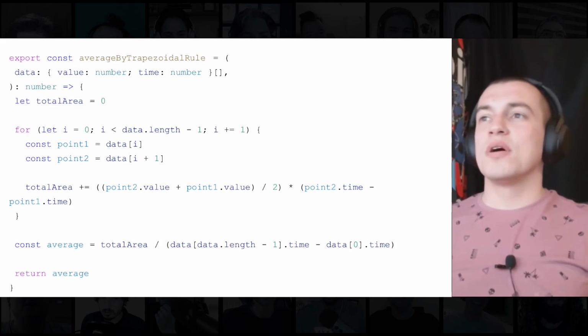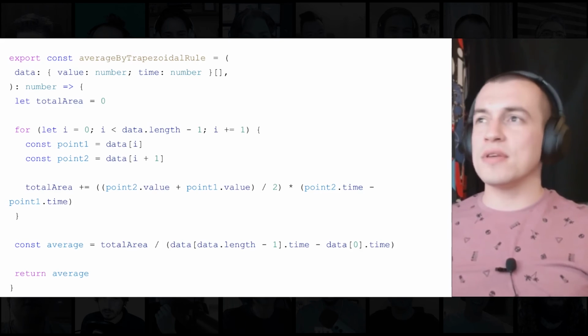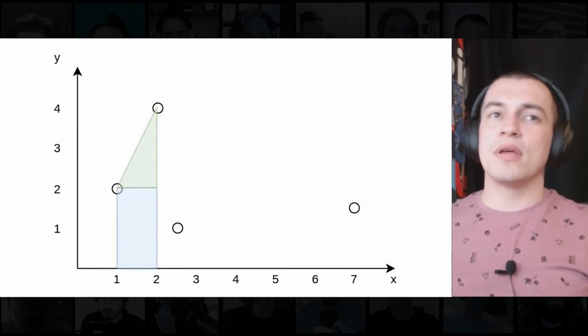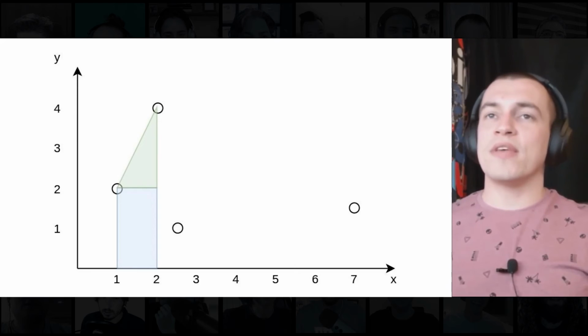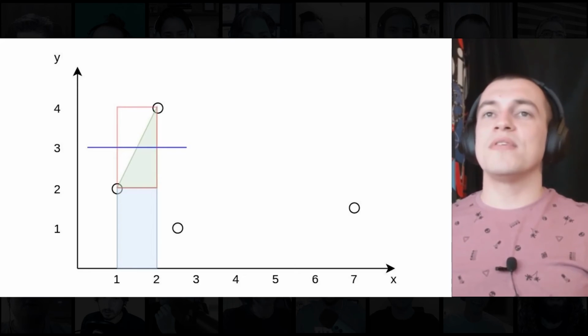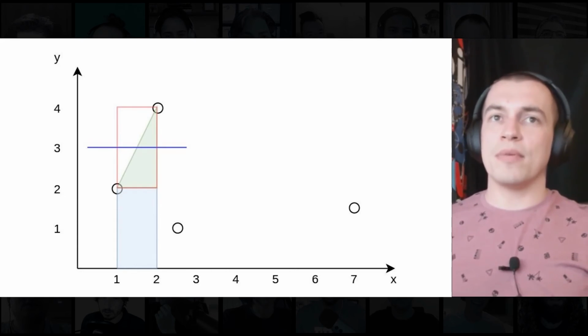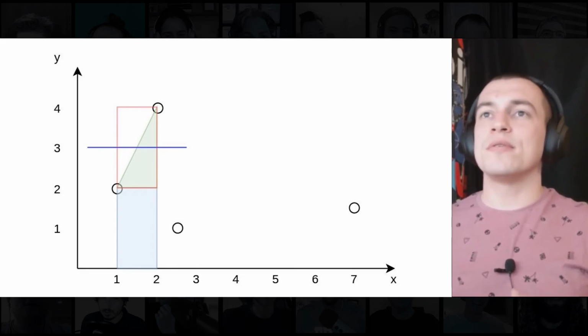If you're in doubt why the increment now is an average value of these 2 points, let's go back in time to our high school years and remember that the area of the trapezoid is the area of the rectangle that we had before and the area of the triangle that we added. And the area of this new triangle is going to be equal to the half of the area of the rectangle on top. So therefore, the average value of the 2 points.